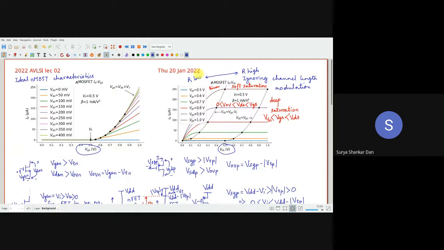Now, where are we going to design our analog and digital ICs? Very, very important concept. Notice, as I said, when you are trying to design a digital IC, ठीक है, आपको switch के हिसाब से देखना है. So you are thinking whether it is a high resistance state or a low resistance state. High resistance state means the current will be very low.